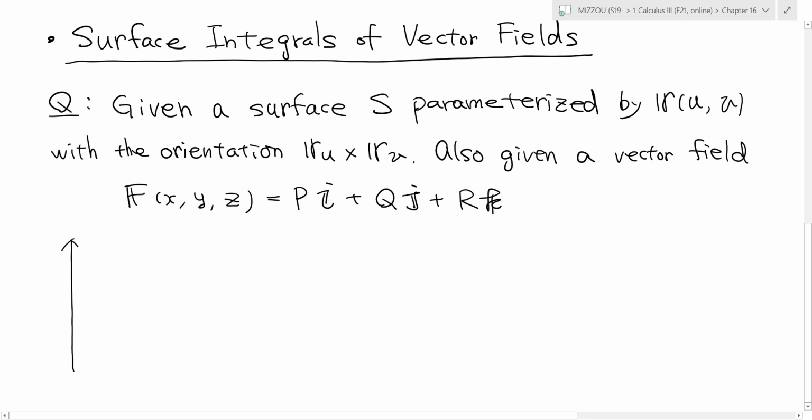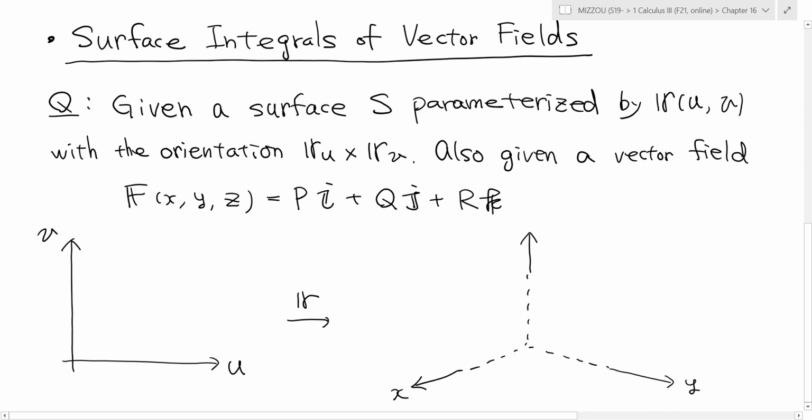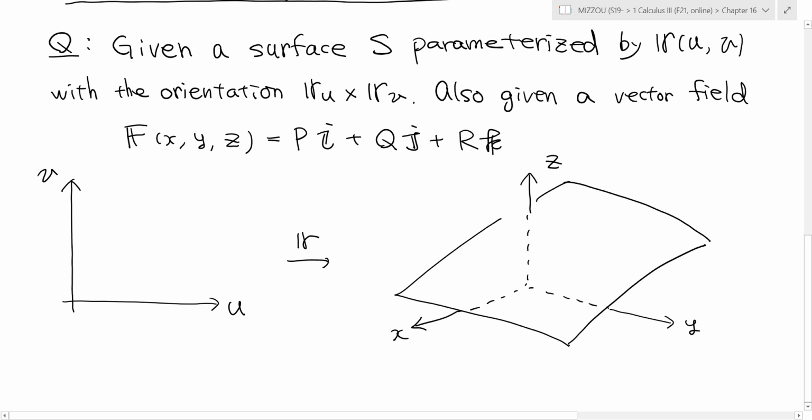So we have the parametric surface, so the uv plane gets mapped, under r, to some surface. Okay, so this is our surface S, and this is our uv plane.